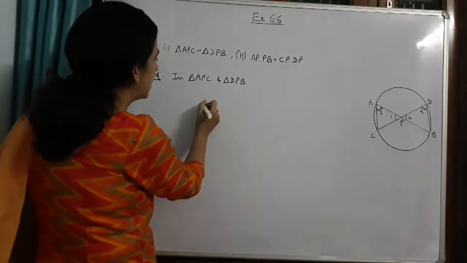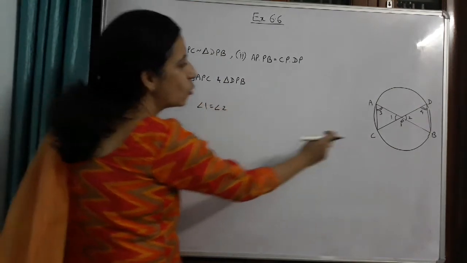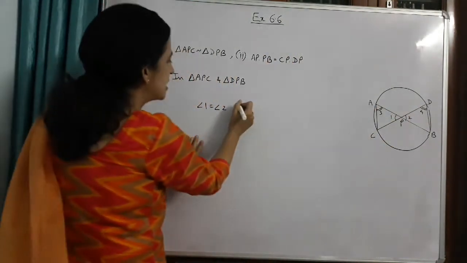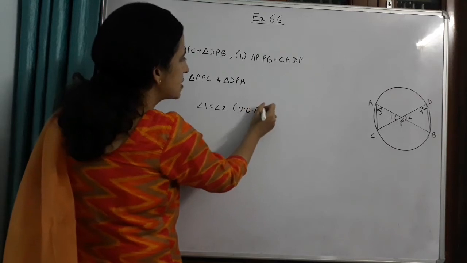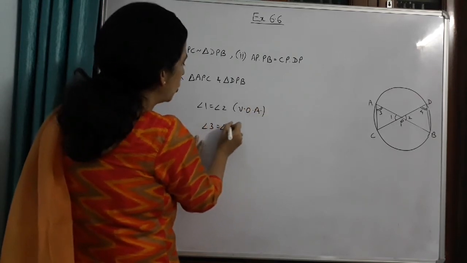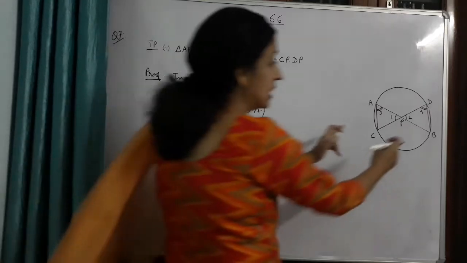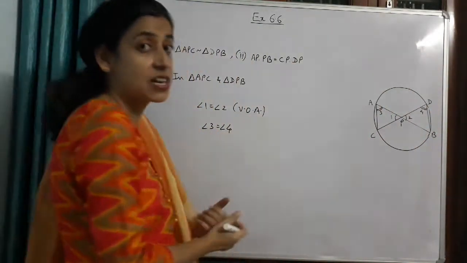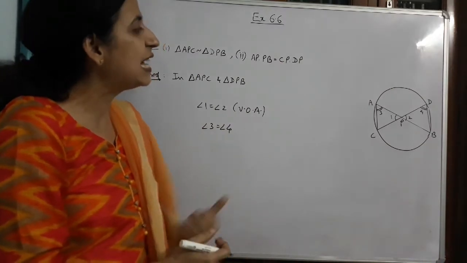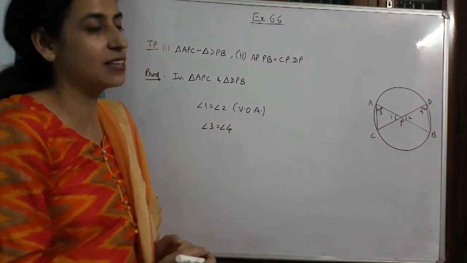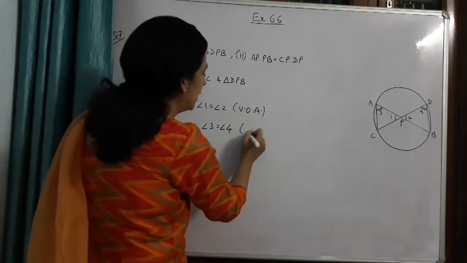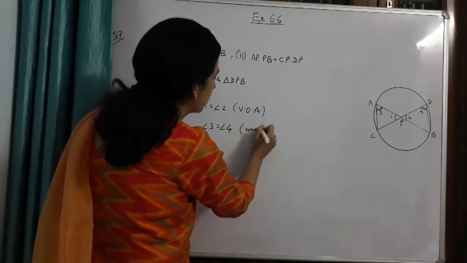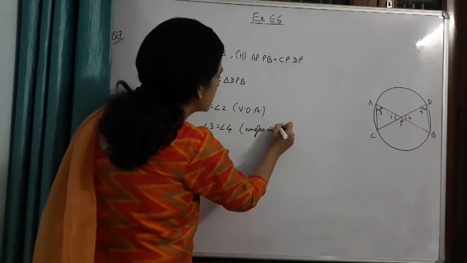Over here we see that angle 1 is equal to angle 2 because they are vertically opposite angles, and angle 3 is equal to angle 4 because these are angles in the same segment, which we have studied already in class 9 in chapter circles, angles in the same segment.